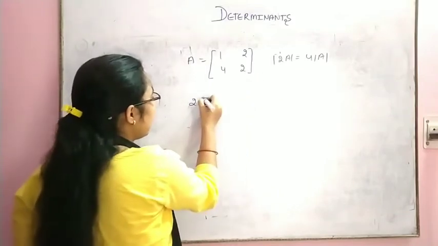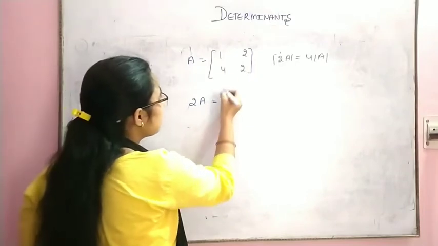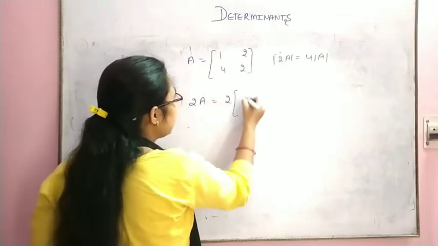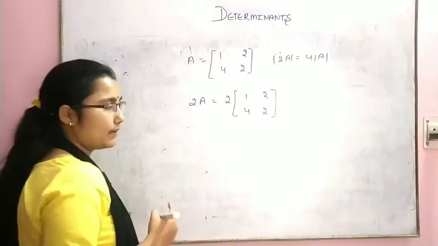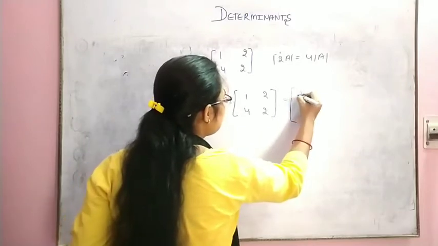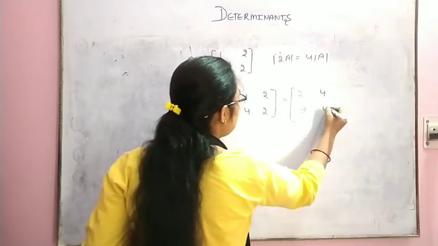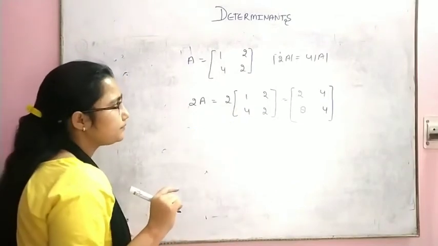We have to find out the value of 2A, that means twice of the matrix. Any scalar multiplied by any matrix, we know that the scalar is multiplied by each and every element. So we get 2, 4, 8 and 4 because 2 is multiplied by every element.